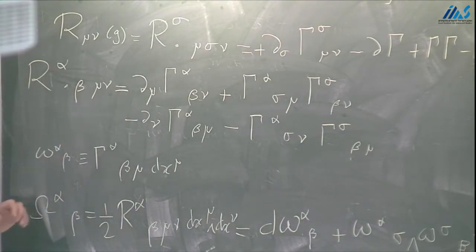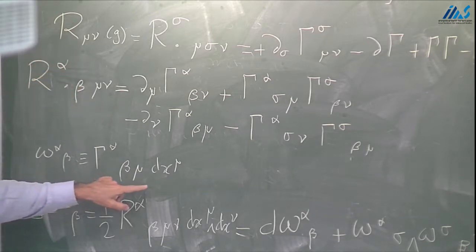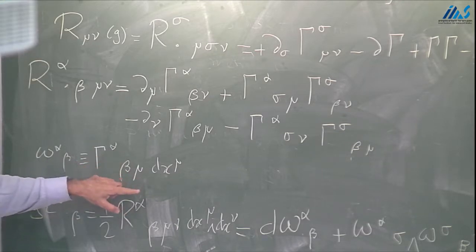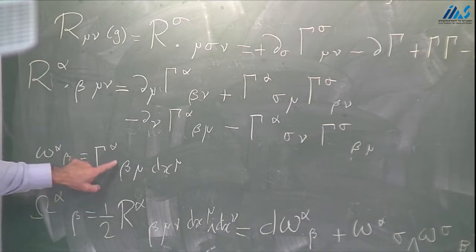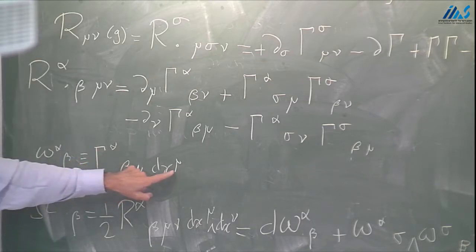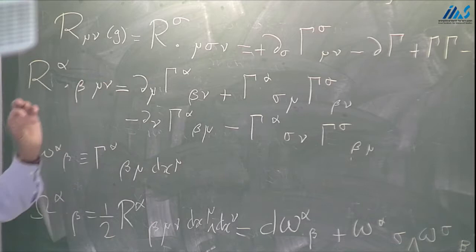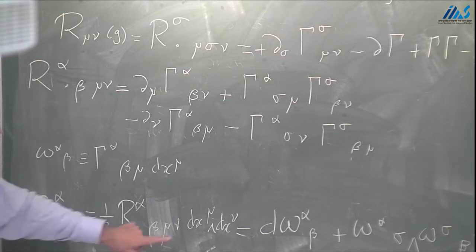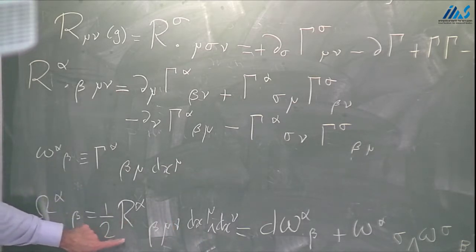A simple way has been discovered by Cartan to understand the structure of this object, which is that if you introduce not only the connection, the linear connection, but the one form associated to the linear connection, here in coordinates where you contract the last index by an infinitesimal displacement in space-time, and then you consider it as a Cartan one form omega alpha beta, then the two form associated to the curvature tensor.